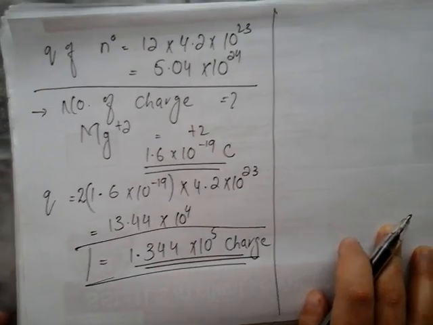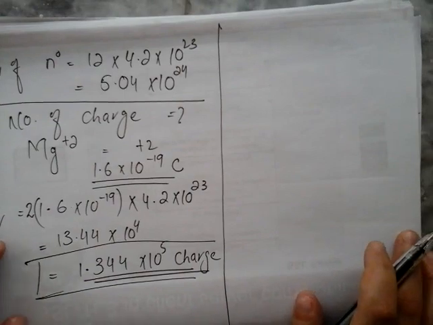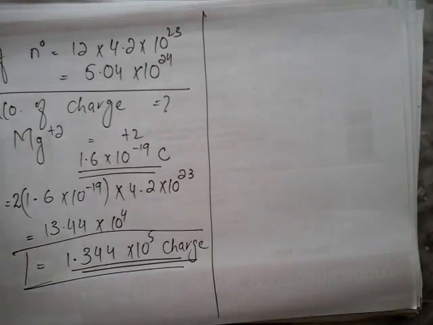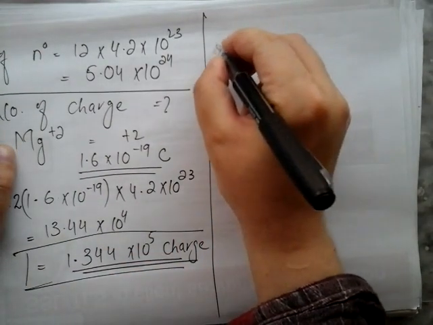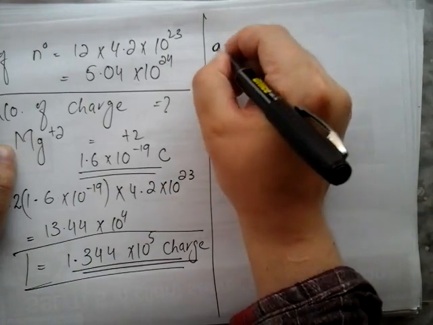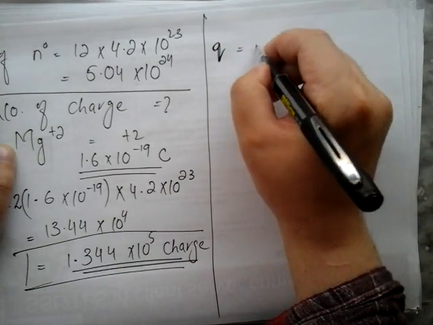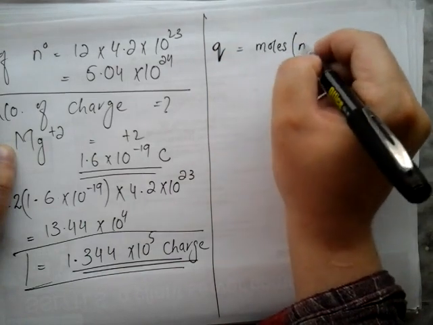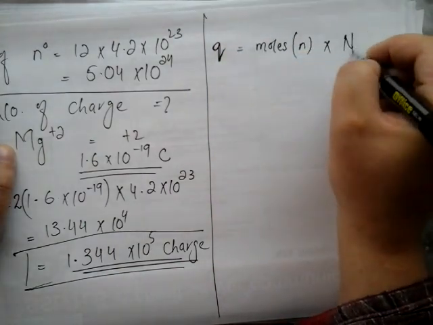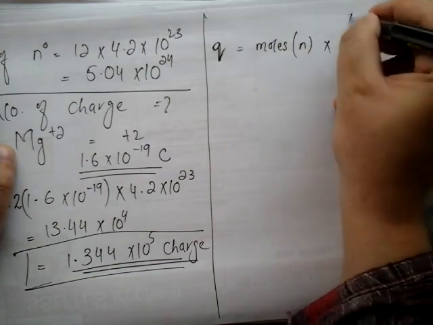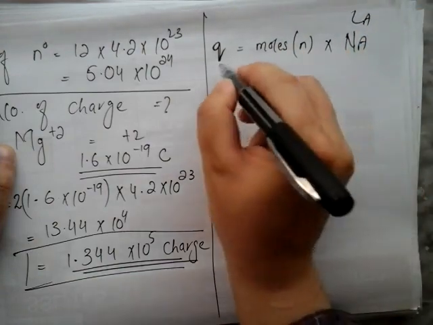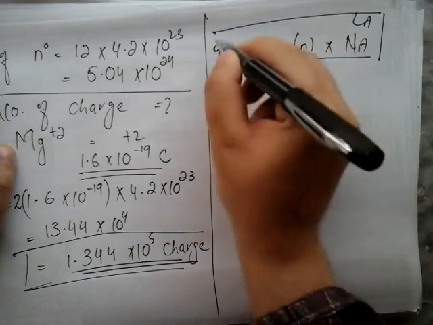What you need to keep in mind is that if you want to find the quantity of any substance, you just need to multiply the moles with Avogadro number, sometimes also written as L or Na. This is the equation you have to keep in mind.